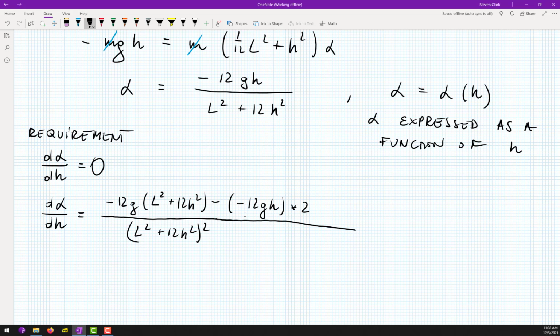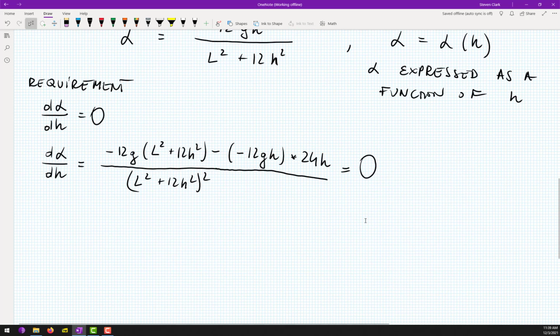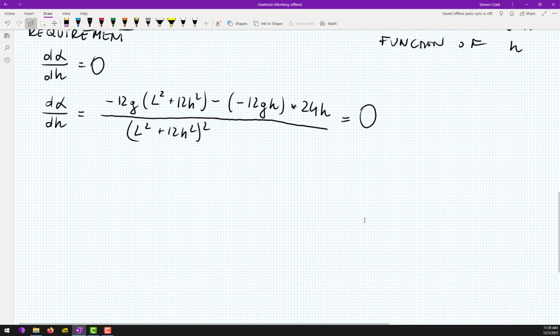Times 24h. Cool. Okay, and this must be equal to 0, yeah? So this is equal to 0 when numerator is equal to 0, yes? And by the way, the denominator cannot be 0. It is always positive value, so it's great because we cannot divide by 0.